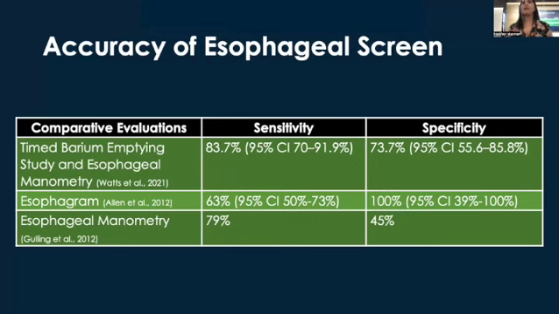When we identify esophageal abnormalities, whether that be motoric or an anatomical dysfunction, when compared to the esophagram findings, sensitivity and specificity are fairly good, and then also esophageal manometry, all within the same realm. So the accuracy of the esophageal screen, while not perfect, is certainly a tool that we can use to help further parse out what we need to do in terms of an esophageal workup.